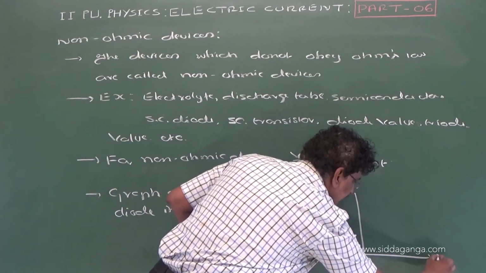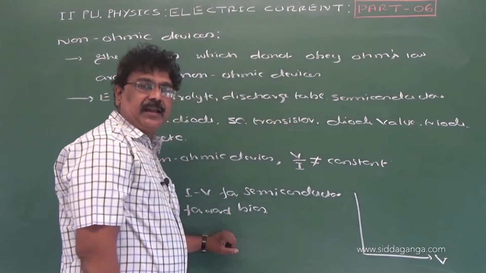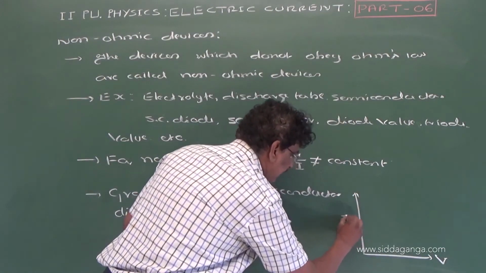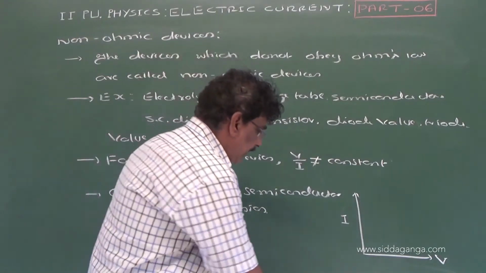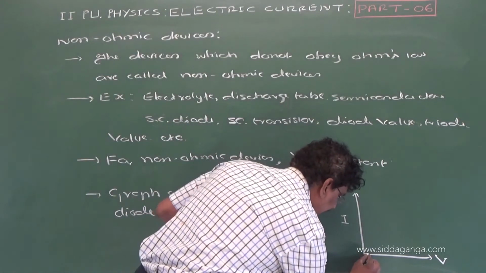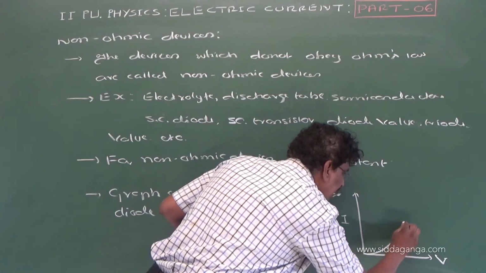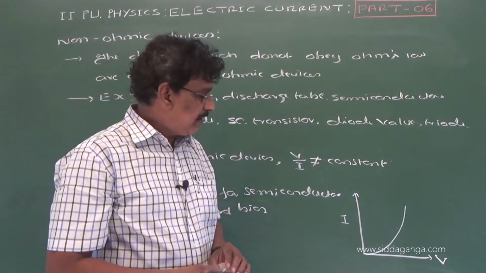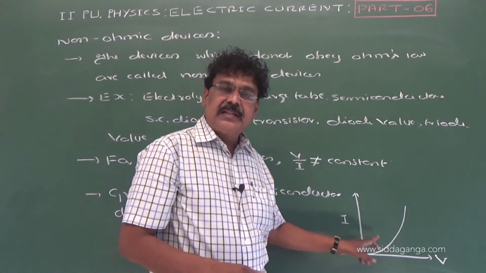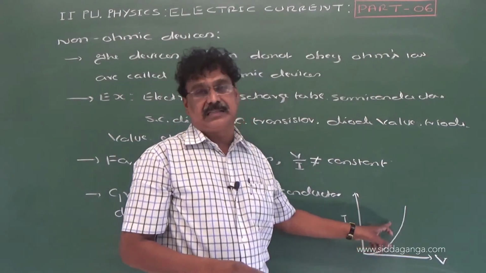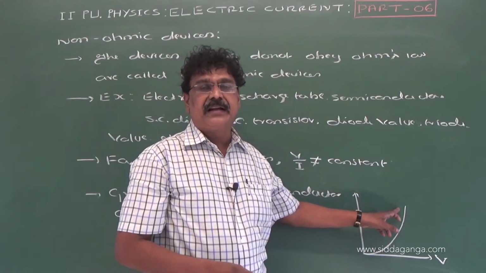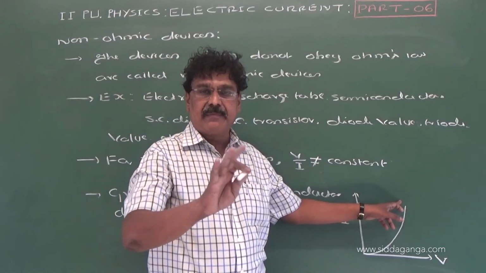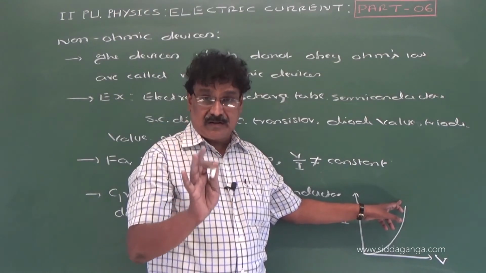This is potential difference taken along x-axis, the current taken along y-axis. We will obtain a non-linear curve. When we obtain non-linear curve, the slope is not constant. It is different at different points on the curve. That indicates that V by I is not constant.